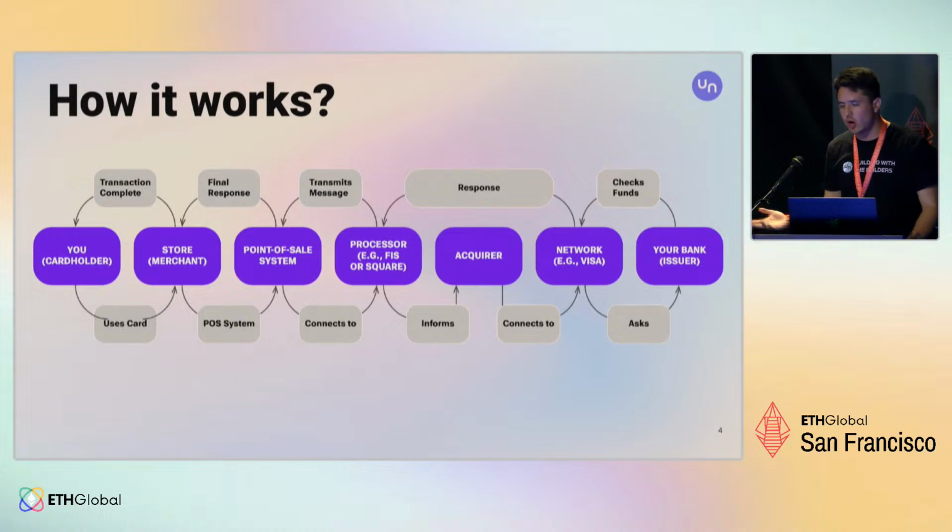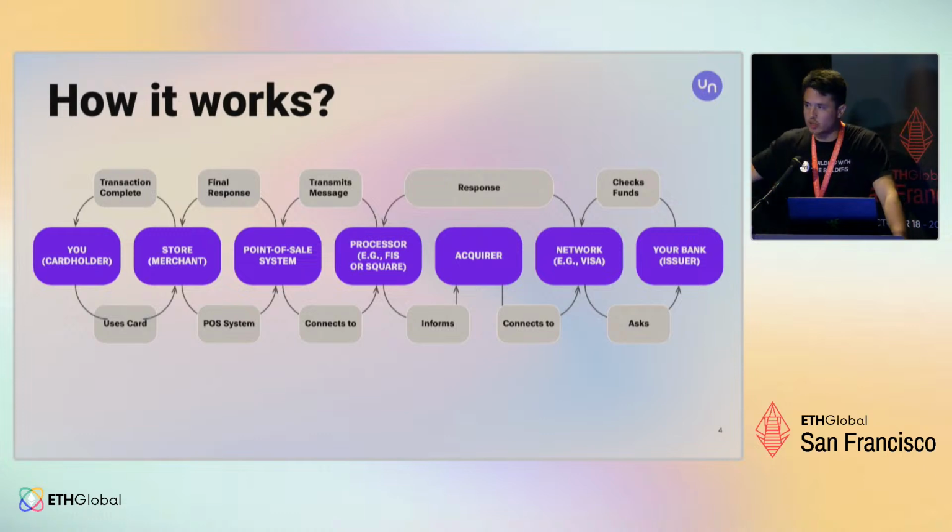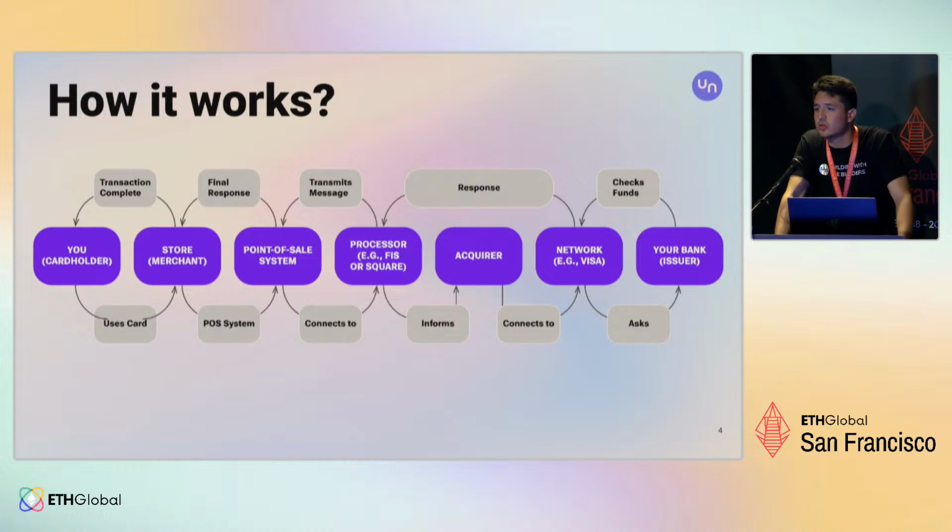A little bit about how the whole checkout experience works. Basically, you're a card holder, you want to buy in an e-commerce store or whatever, you go to the merchant, and the merchant will have a POS system. That POS system connects you to a processor. It might be a third party like Square, and that processor has an agreement, a relationship with an acquirer, let's say WorldPay, and WorldPay has a relationship with the networks, obviously MasterCard, Visa, UnionPay, JCB, or others.